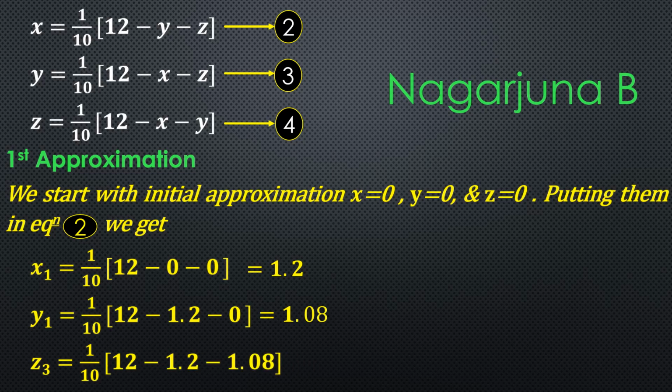In the calculator you can write, open the bracket, 12 minus 1.2 minus 1.08, close the bracket, divided by 10, and that answer is 0.972.